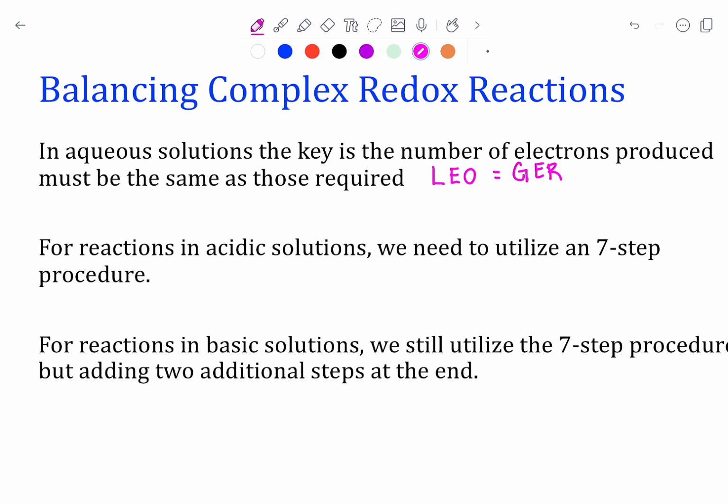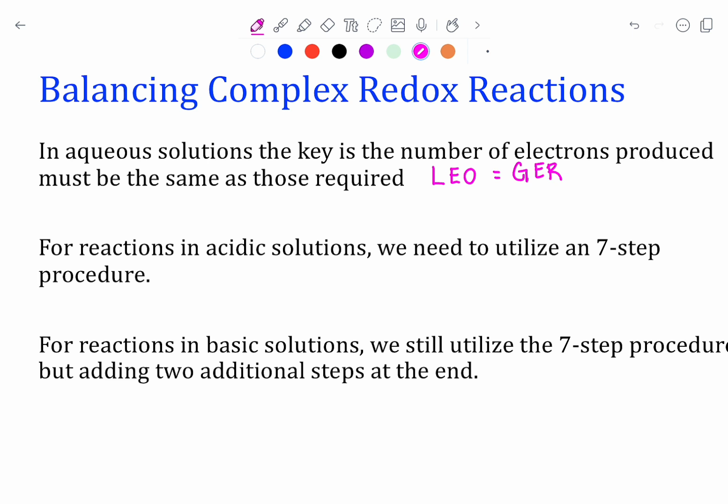So we're going to look at balancing these complex redox reactions in two different solutions. First are going to be acidic solutions, where we have some hydrogen ions present, and the other type is going to be basic solutions, where we have hydroxide ions that we need to utilize. Okay, we're not doing acid-base reactions here, we're just using the fact that H+ means acidic and OH- means basic to help us balance these complex reactions.